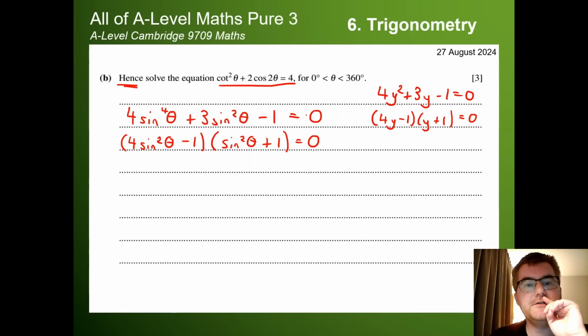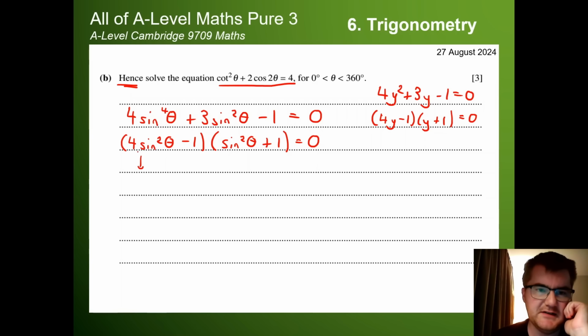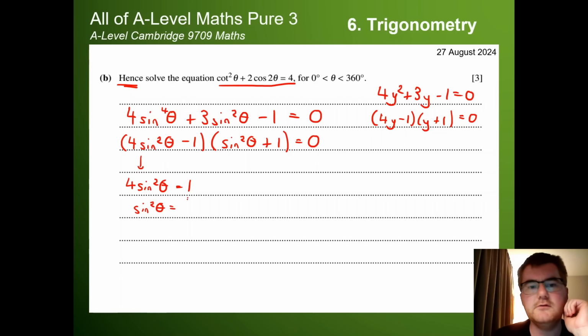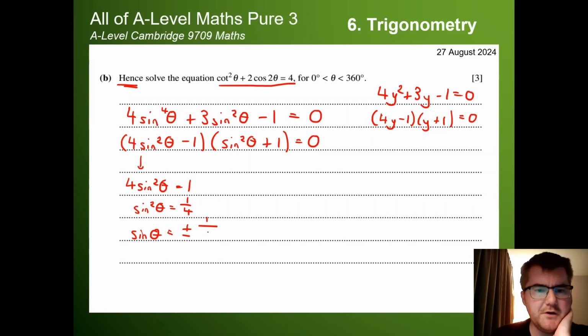And now we've got two functions to solve, so it's going to take a bit of time to consider. So if we have the first one and make it equal to 0, that gives us then 4 sine squared theta is equal to 1. Sine squared theta is equal to a quarter. If we square root, sine theta is equal to plus minus 1 over root 2. Okay, that's a nice exact value.